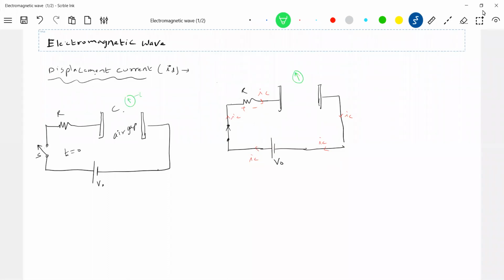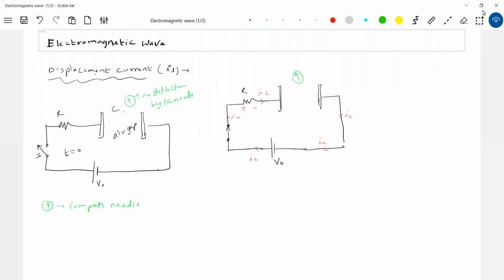We'll take the symbol like this. Will it show any deflection? No deflection. By the needle, you may see that now it starts deflecting.